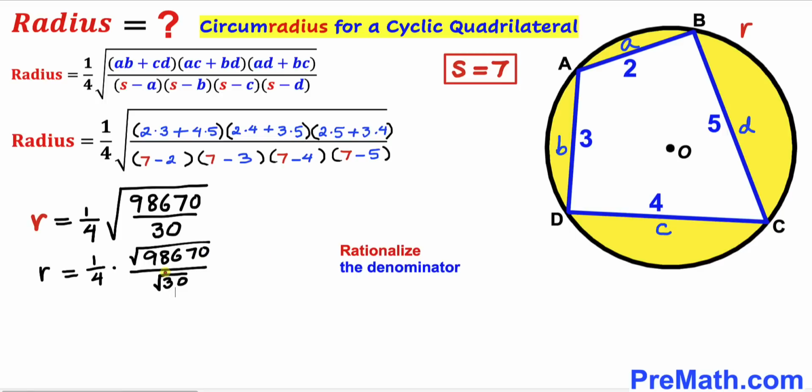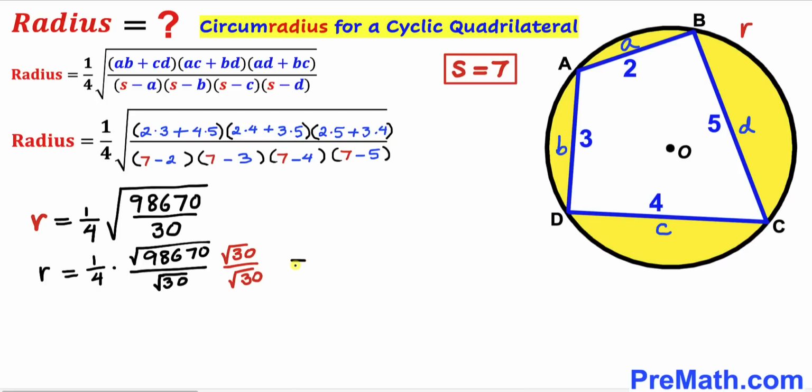Now we are going to rationalize this denominator by multiplying and dividing by the square root of 30 at the very same time. The square root of 30 times the square root of 30 gives us simply 30 in the denominator.